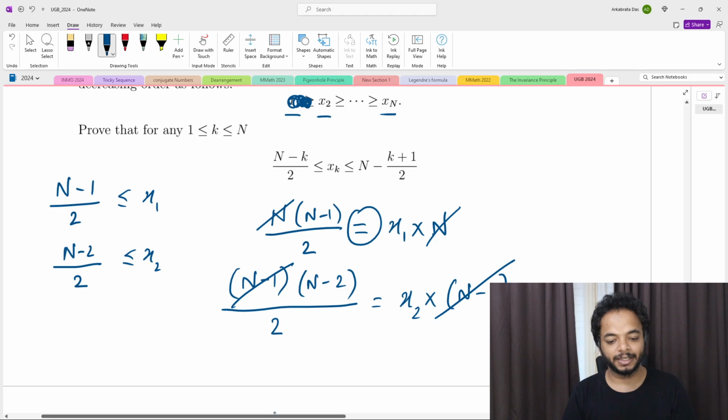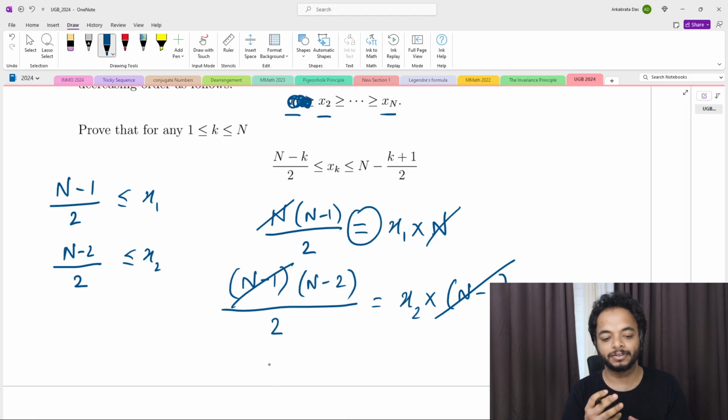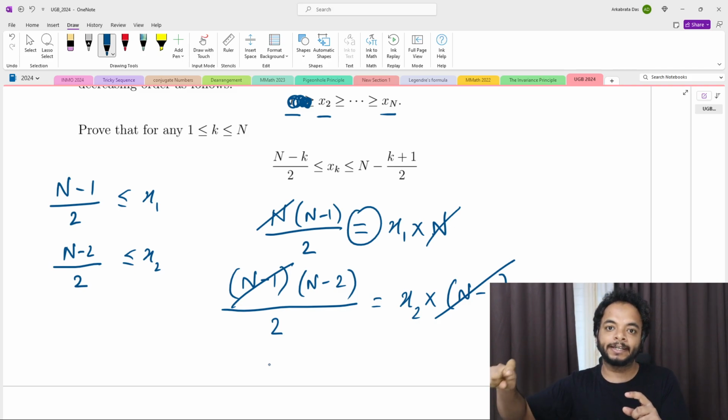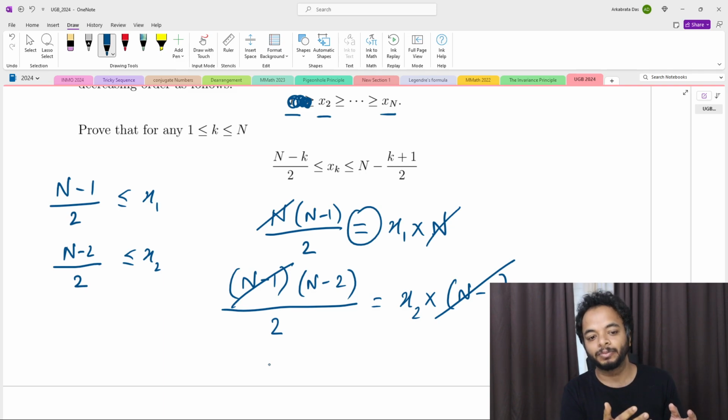This N minus 1 gets cancelled out, and x2 is greater than or equal to the minimum value. So even if I just concentrate on the round robin tournament of teams T2, T3 till TN, x2 is greater than or equal to (N minus 2) by 2.